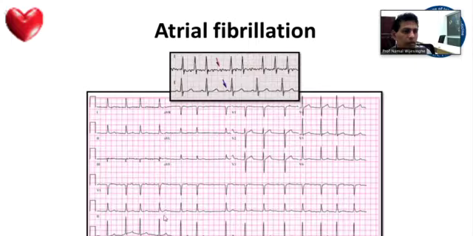Now in these ECGs you should be able to calculate the heart rate if it is not mentioned in the ECG. How we do it is we take 30 large squares, counting 1, 2, 3 up to 30. Then you count how many QRS complexes are there in those 30 large squares.